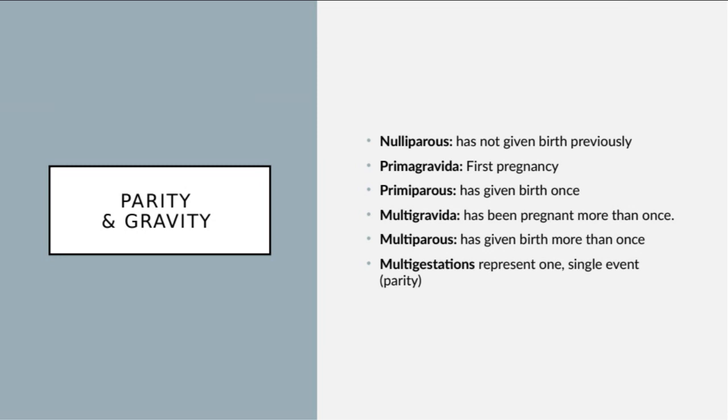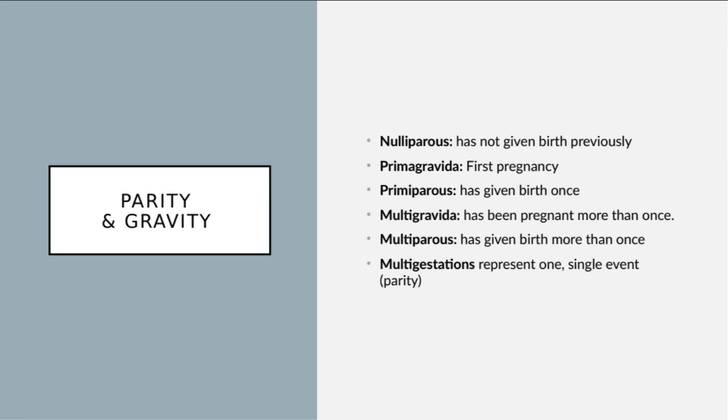Multigravid or multigravida, this means that the patient has been pregnant more than once. Multiparous, this means that they have given birth more than once. And multigestation is talking about one pregnancy that has resulted in a multiple baby situation. So this is a single type of birthing event with multiple gestations in that event, so multiple babies in that event.